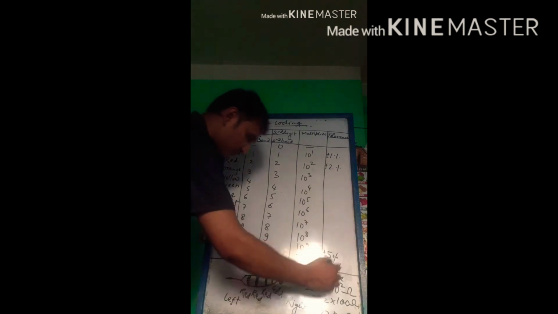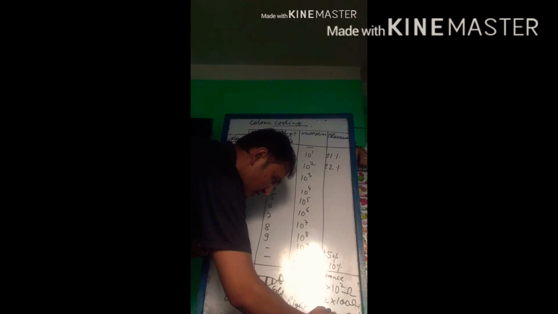Okay, let me rub it. And you know, at last there is a gold color. At last there is a gold color, which means its tolerance will be 5%, plus minus 5%. It means it may vary 5% more or 5% less than this value. Its tolerance is 5%. So what is the resistance of this resistor?